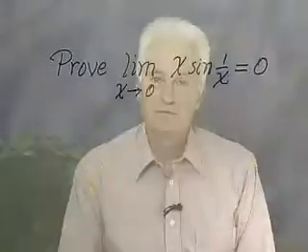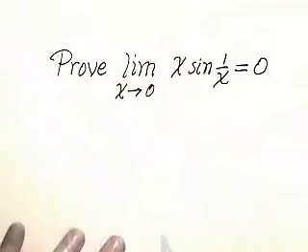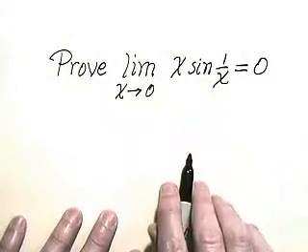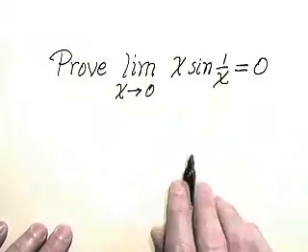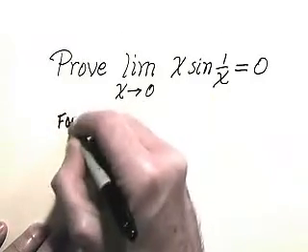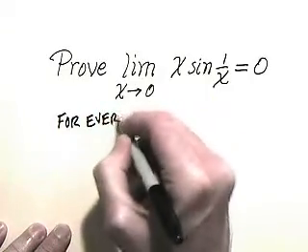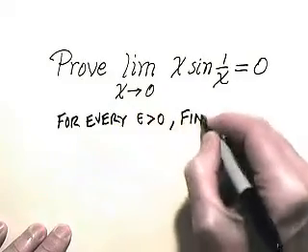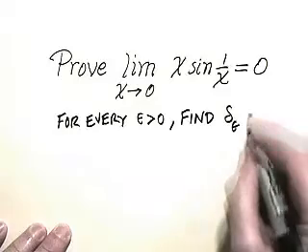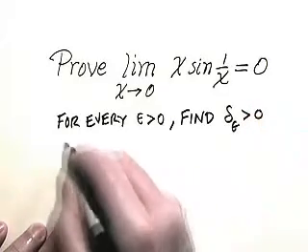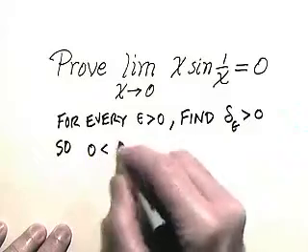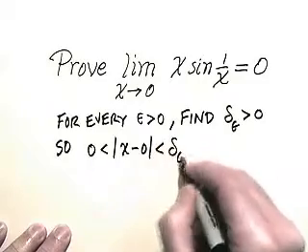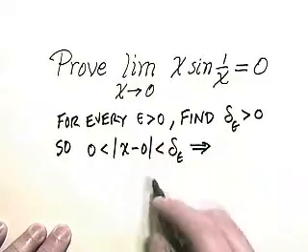So remember, what we have to do is for every positive epsilon, we need to find a delta, which will depend on epsilon, positive, so that 0 less than the absolute value of x minus 0, less than delta sub epsilon, implies the absolute value of x sine 1 over x minus 0 is less than epsilon.